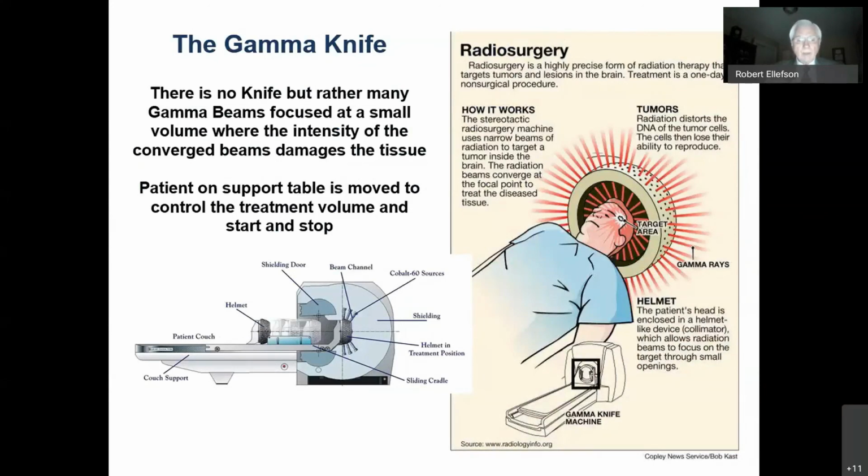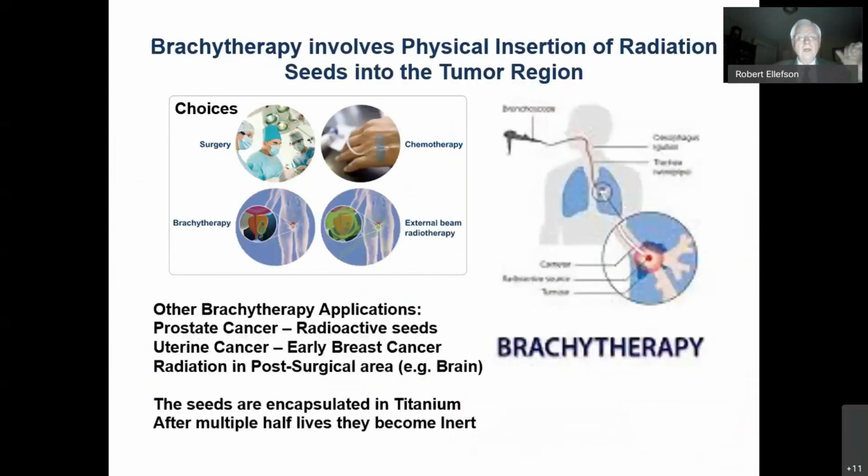So the patient is put on a support table, and this is moved in and out and up and down to control the treatment volume and to start and stop the actual treatment process. So this is the system that is called the gamma knife.